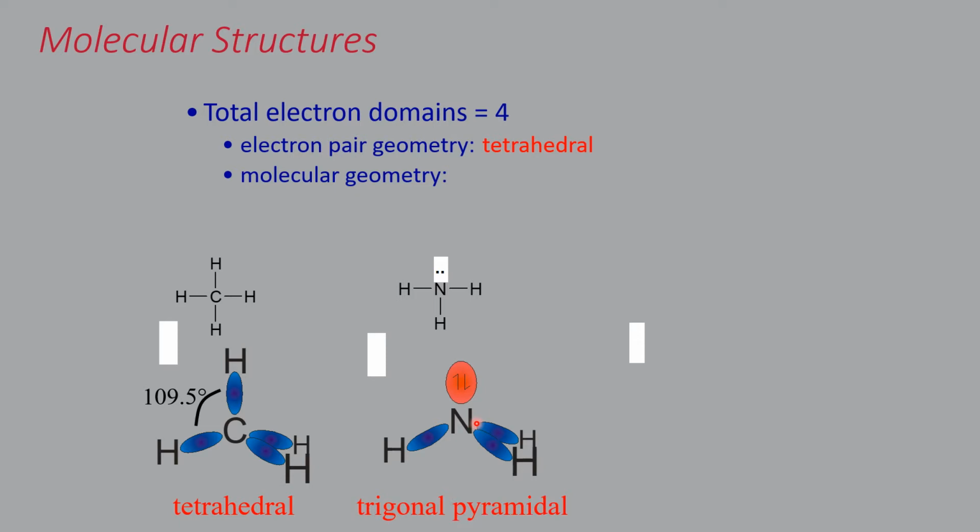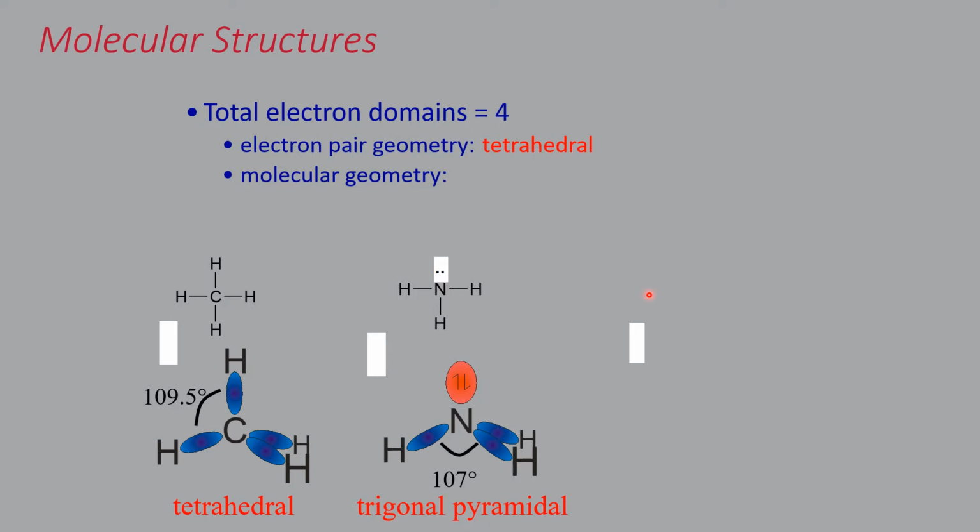So we call this molecular geometry trigonal pyramidal, a 3-sided pyramid. Now the unshared pair takes up a little more space than the bonding pairs, so the HNH bond angles are a little less than 109.5 degrees, about 107 degrees.